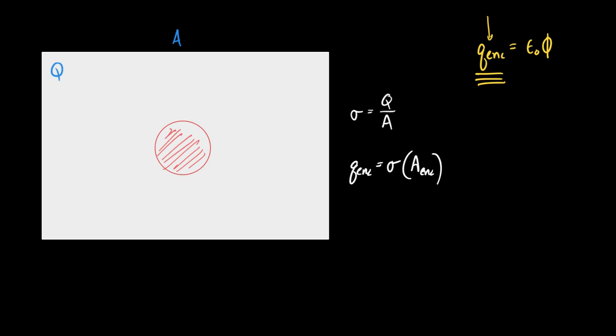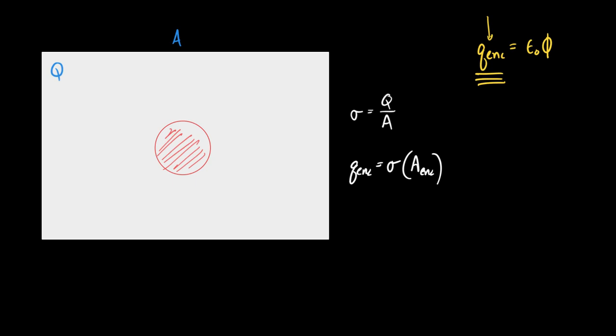Yes? When you're doing Gauss's law, how do you know when you have to use charge density? You always have to use charge density, but they don't always give you the charge density. They might give you some information you can use to find the charge density. But technically, your charge enclosed is always going to be the charge density times a length, an area, or a volume enclosed, because your Gaussian surface is enclosing some amount of charge.